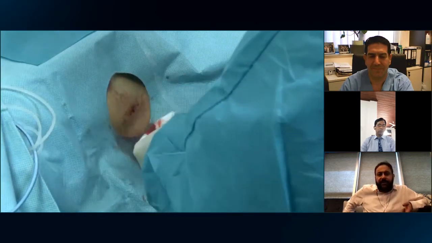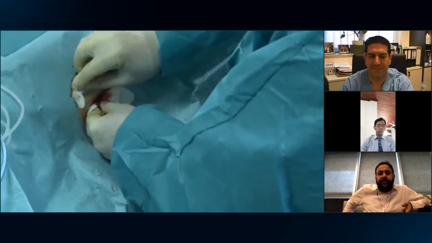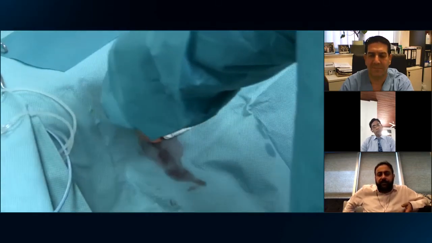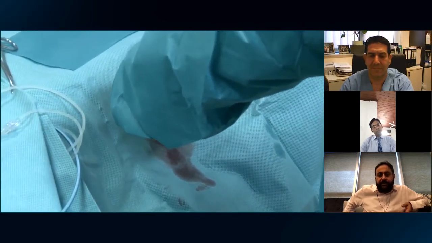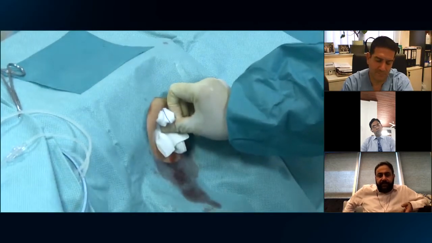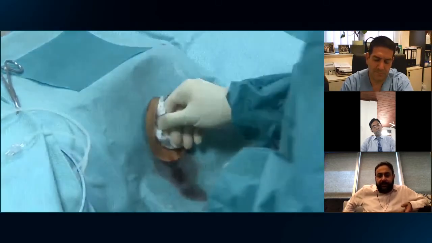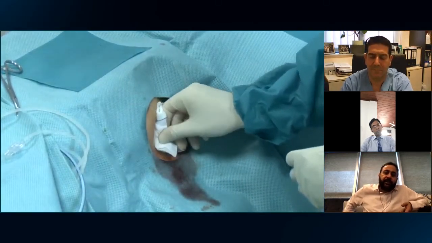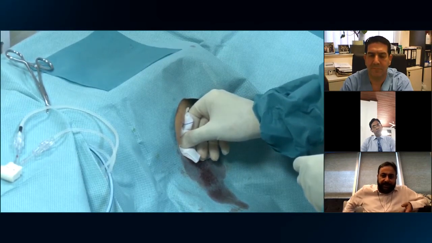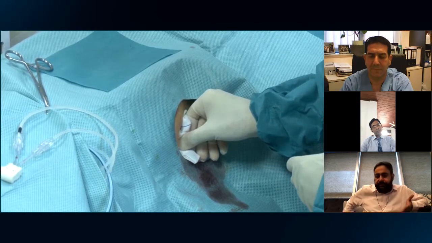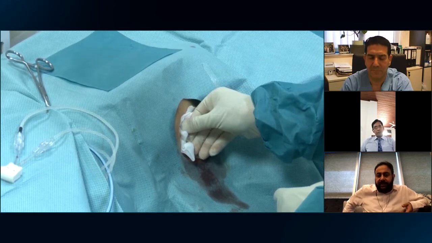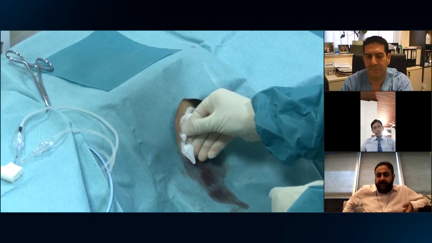My experience with ablation in different organs is that you basically target a 2-point ablation. We start slightly ahead of the lesion, and then we do a second point slightly behind the lesion, and that gives us better tumor control.